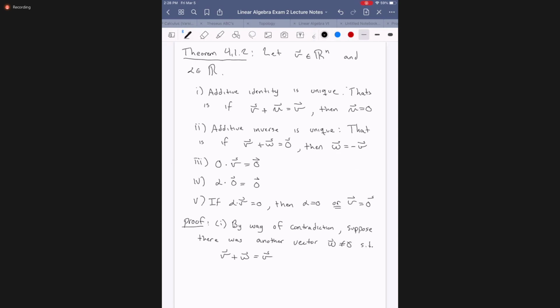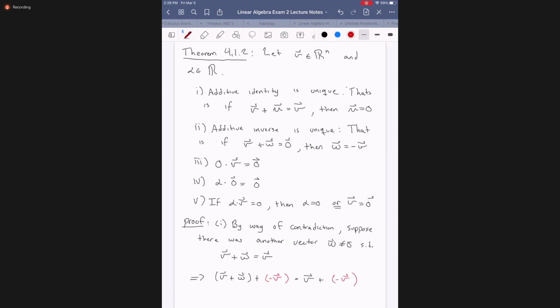Okay, so now let's try to do some stuff that we can do. From here, let's add negative V to both sides of this, okay? So let's do V plus W and then plus negative V. I'm adding this part to both sides of the equation, is equal to, okay, perfect.